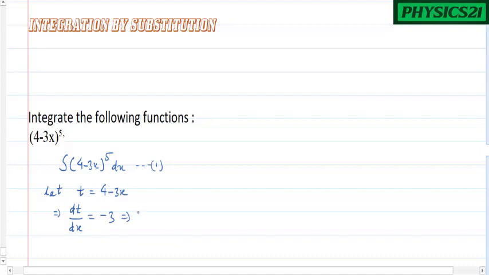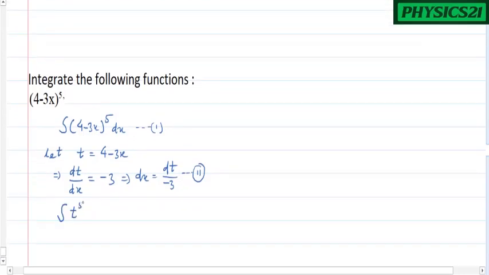So the value of dx can be written as dt divided by minus 3. Now we will use these values, means in place of 4 minus 3x we will write t, and in place of dx in equation 1 we will write dt divided by minus 3. So we get t raised to the power 5 times dt divided by minus 3.